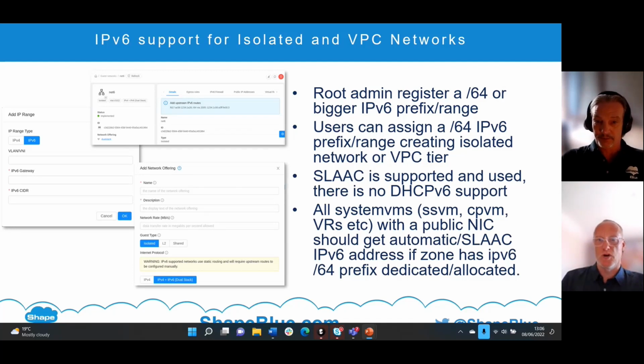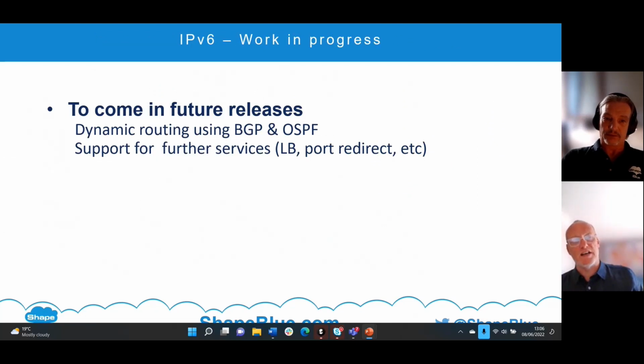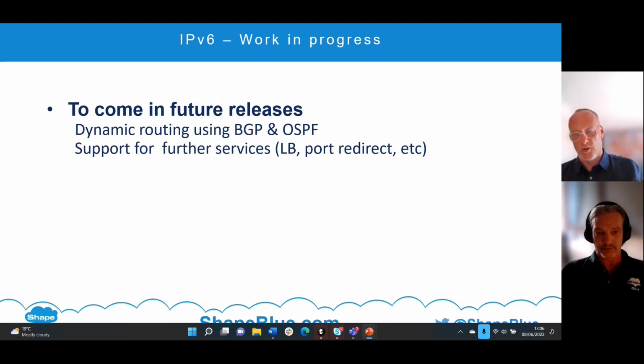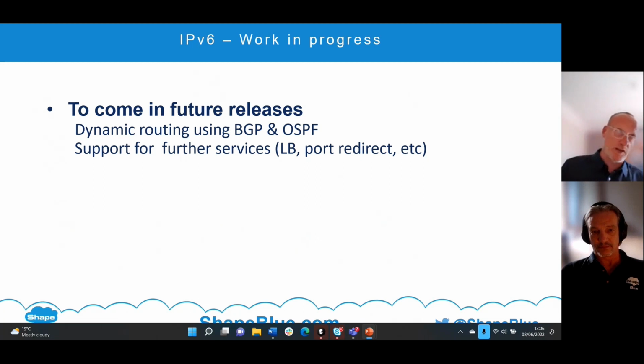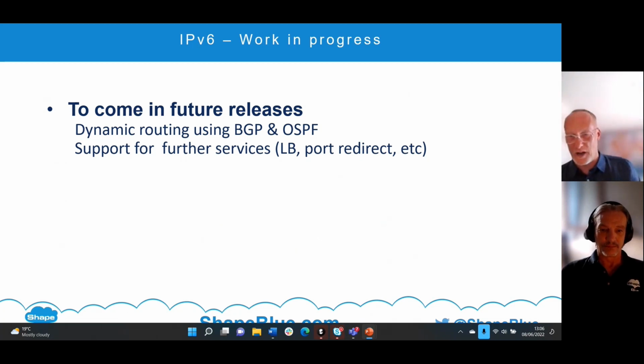Yeah, sure. Okay, so that's just firewall support, to get this right, for VPC and for shared networks, right? But to come in the future, there's ongoing work constantly around IPv6 support for further services, load balancing, port redirects, etc., and also dynamic routing with BGP and OSPF.